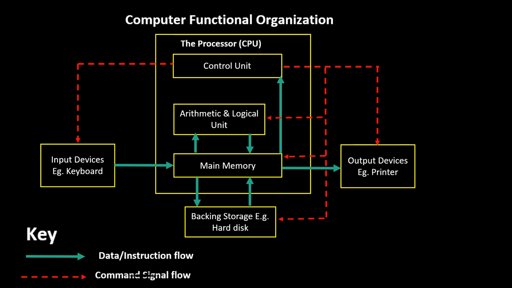The dotted arrow means command signals are flowing. The reddish dotted lines indicate commands. What are commands? Do this. Do that. You command. The other arrow is just the data which is flowing.